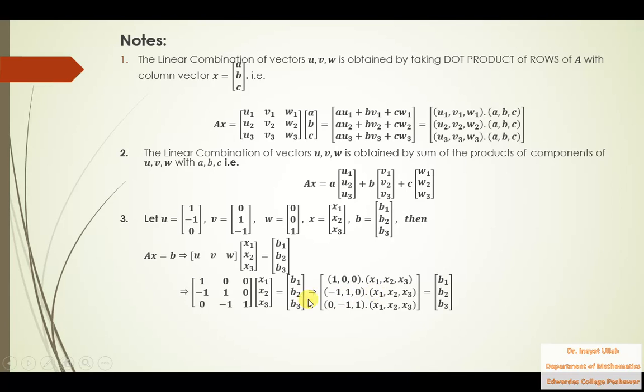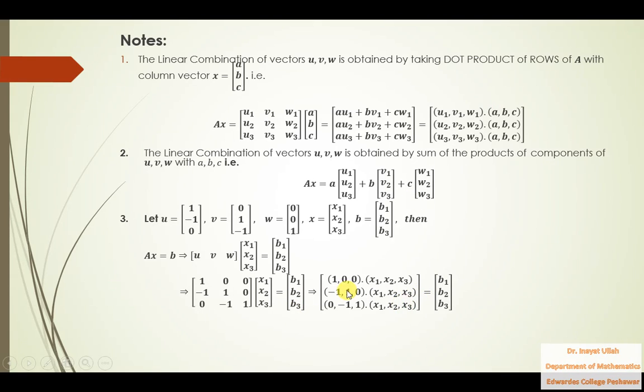Similarly, the second is the second row, the dot product of this second row with (x1, x2, x3). And thirdly, the third row, (0, -1, 1), dot (x1, x2, x3), and that is equal to (b1, b2, b3).